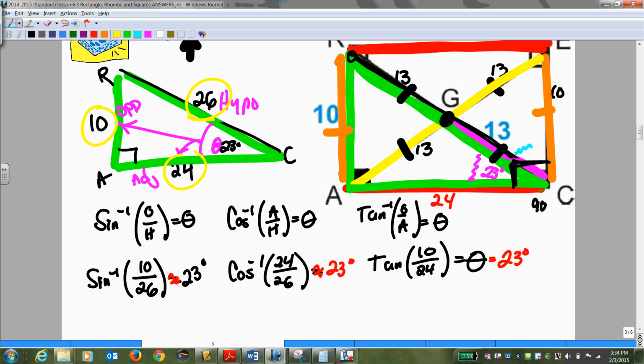Get them to sweep that. And they should have that aha moment that I'm going to go 90 minus 23. And I get 67.